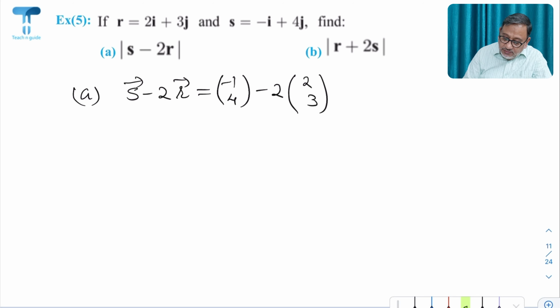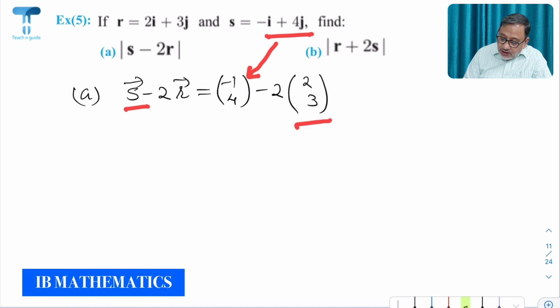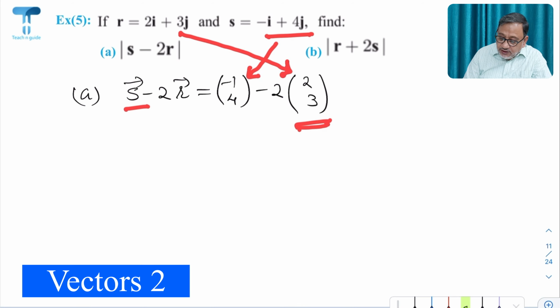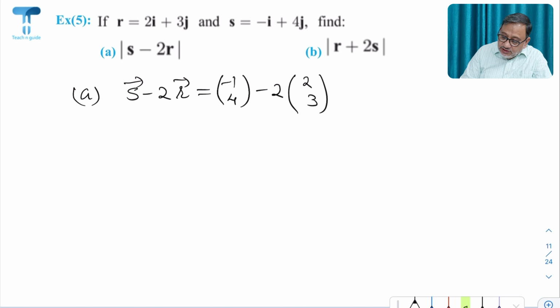So look here again, S is here (minus 1, 4). So I am writing here (minus 1, 4). Then 2 times R I have to subtract. So R is here, this is vector R, (2, 3). So this will be minus 1 minus 2 times 2, 4, and 4 minus 2 times 3, 6.